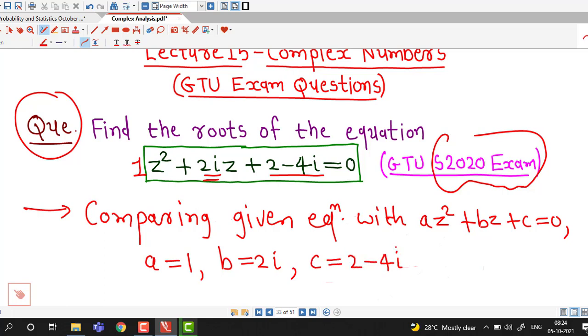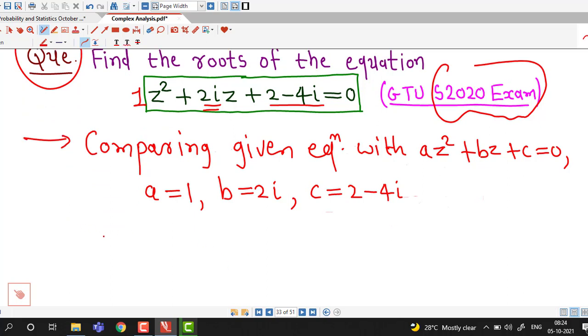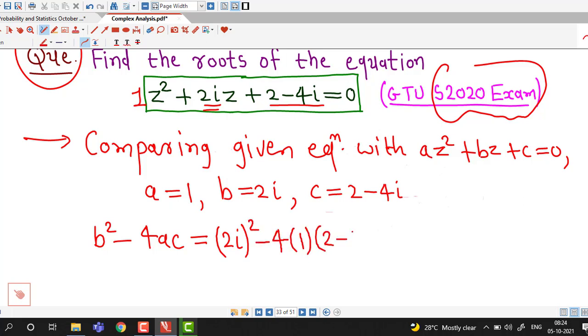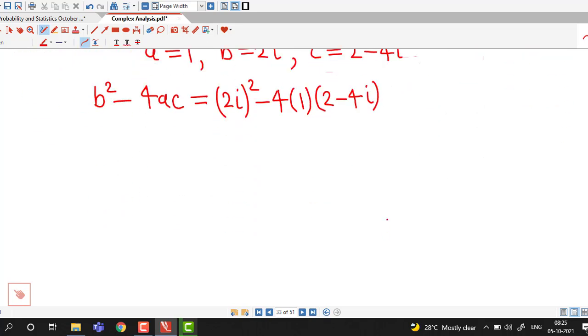Now before applying the formula for roots of a quadratic equation, we first find out this quantity b square minus 4ac. So b square means square of 2i, minus 4, a equal to 1, c equal to 2 minus 4i. So we simplify this.